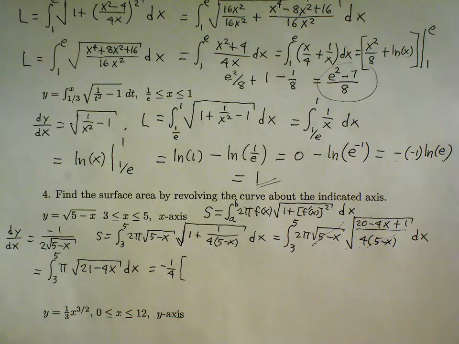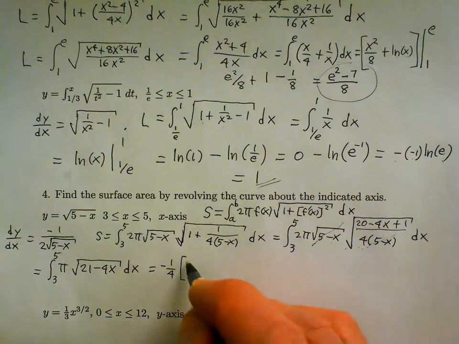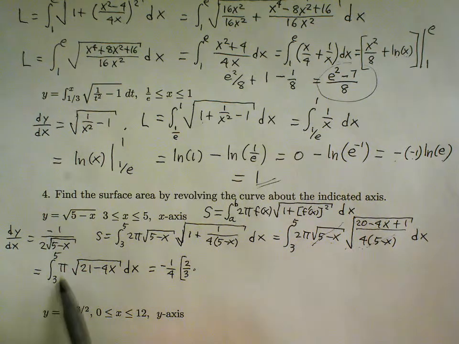Then think of the square root of 21 minus 4x as 21 minus 4x to the 1/2. When we integrate, we get 21 minus 4x to the 3/2 divided by 3/2, which is equivalent to multiplying by 2/3. We still have a factor of pi.